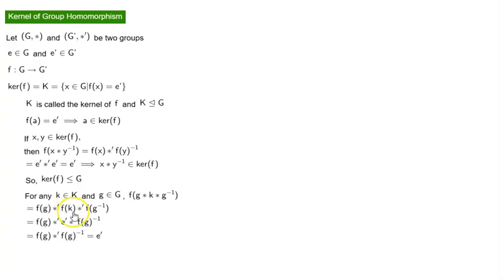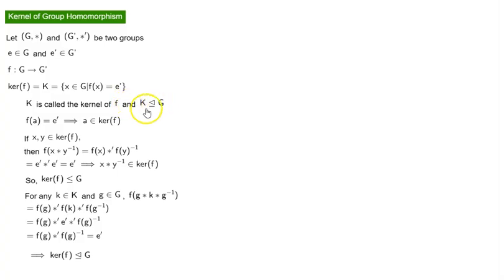But we know f of k is equal to e prime, because k is in the kernel. And f of g inverse stays as it is, again because g may or may not be in the kernel. So this is equal to f of g times f of g inverse, and each is the inverse of the other, so when we multiply them, we get e prime. That implies the kernel of f is a normal subgroup of G.